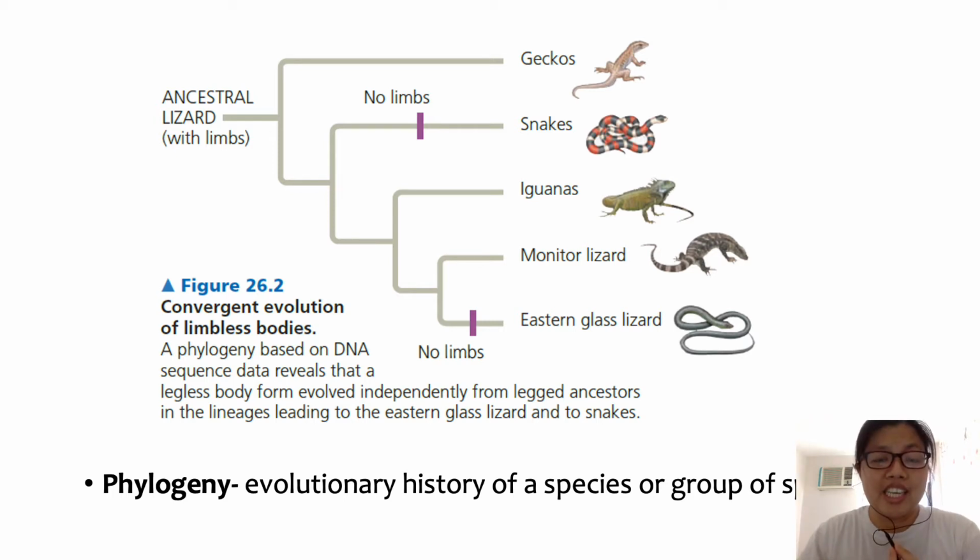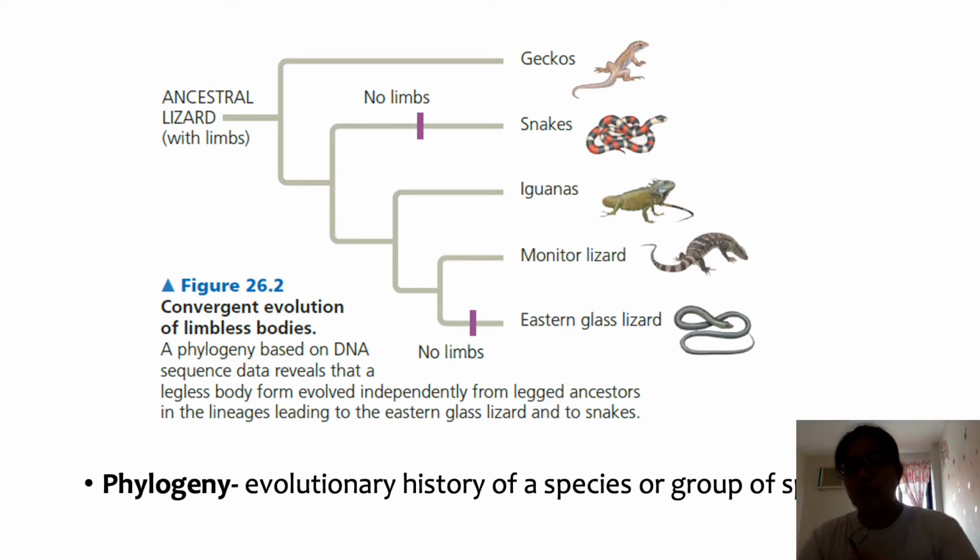This phylogenetic tree tells us a history. Ang history is that geckos in this group more likely look more like our ancestral lizard, and then it gave rise to snakes, and then the group of iguanas and the monitor lizard with the eastern glass lizard.